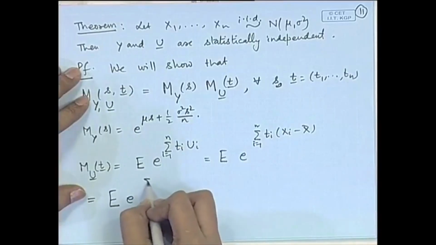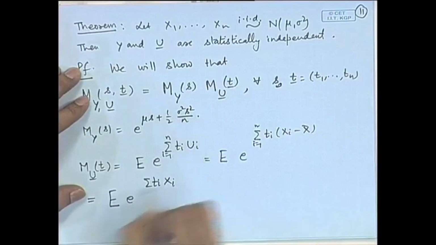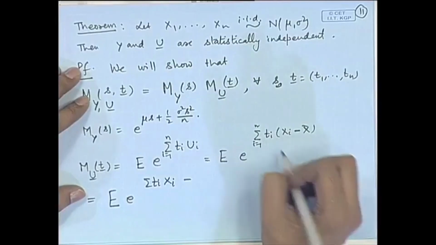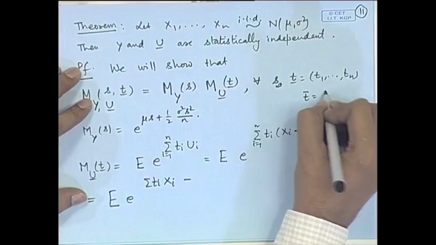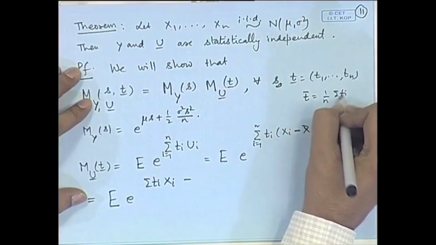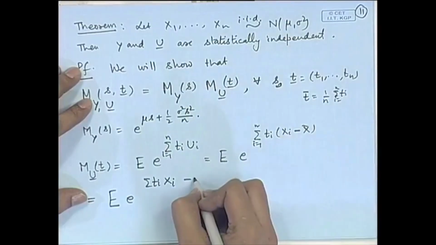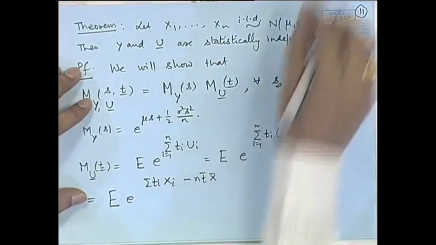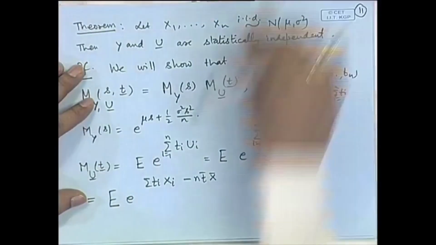So, this becomes expectation of e to the power sigma t i x i. Now, the second term here is minus x bar into sigma t i. So, we use a notation say t bar as the mean of t i's. So, sigma t i becomes n t bar. So, n t bar x bar. Now, once again, since x bar is 1 by n sigma x i, n x bar becomes sigma x i. So, we can again use it here.